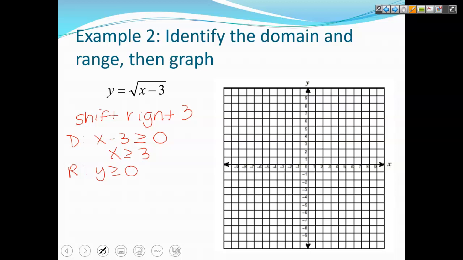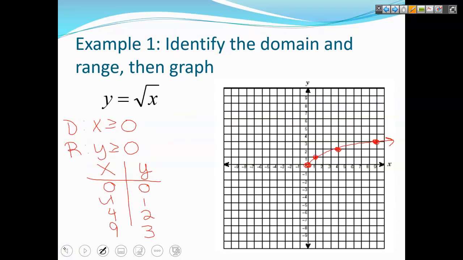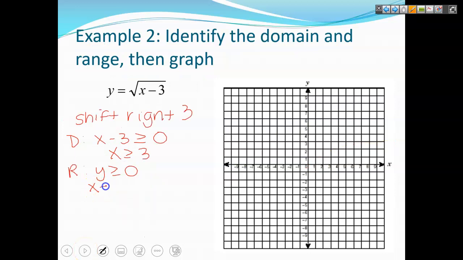And what we're going to do is take all the x values here and move them right 3 units. So my x table is just going to go right 3. So instead of 0, 3. Instead of 1, 4. Instead of 4, 7.